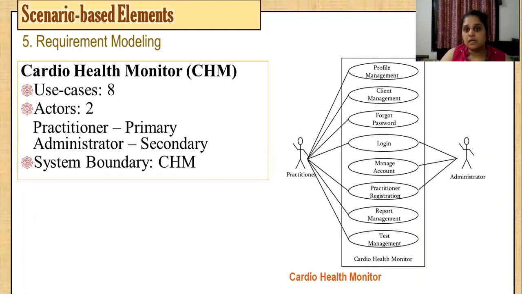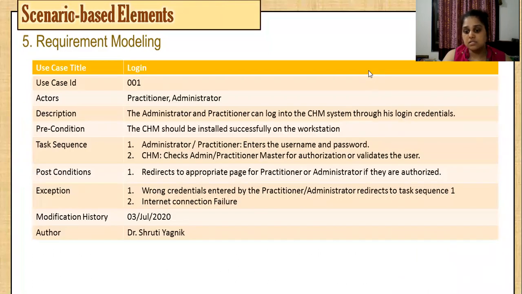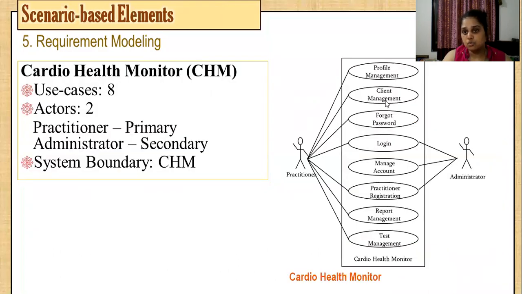Now this is my use case diagram for cardio health monitor. There are a total of 8 use cases, as you can see: use case 1, 2, 3, 4, 5, 6, 7, and 8.